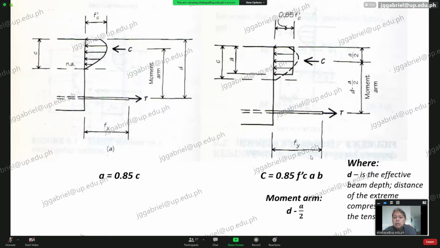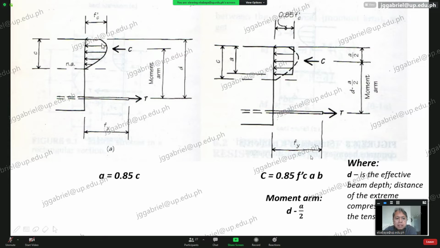Okay, so this will now be simplified. Your compression will be 0.85 f prime c times a times b. It is acting a over 2 away from the top surface of your beam. Yun ang equivalent compressive force now of this Whitney stress block.